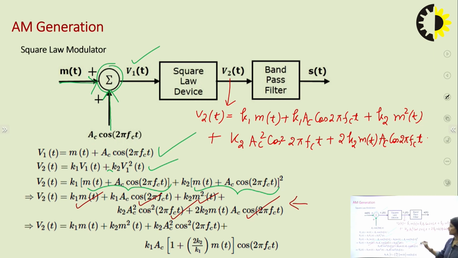This V2(t) is K1 m(t), plus K1 AC cos 2 pi FC t, plus K2 m square(t), plus K2 AC square by 2 times cos square 2 pi FC t, plus 2 K2 m(t) AC cos 2 pi FC t.